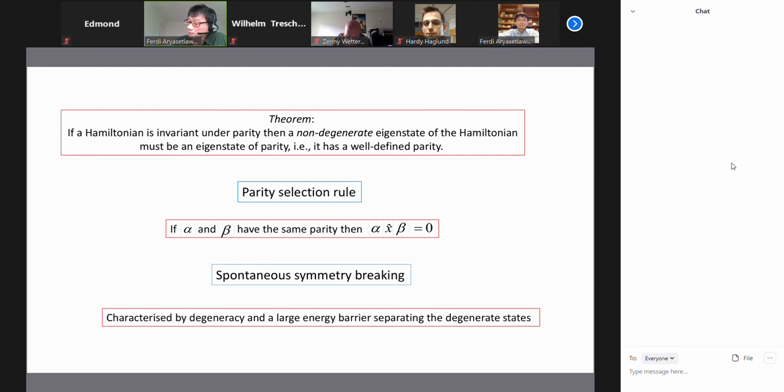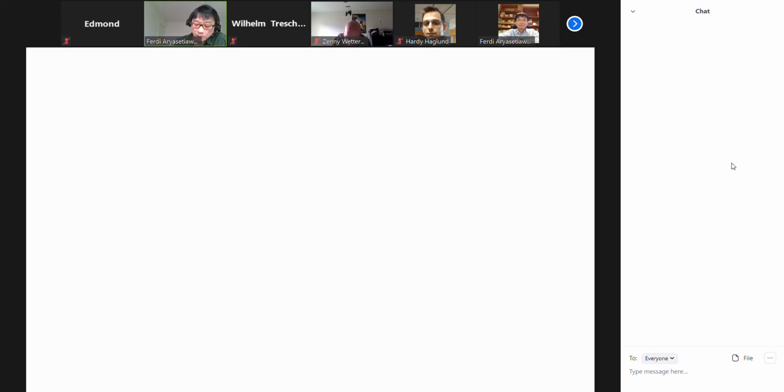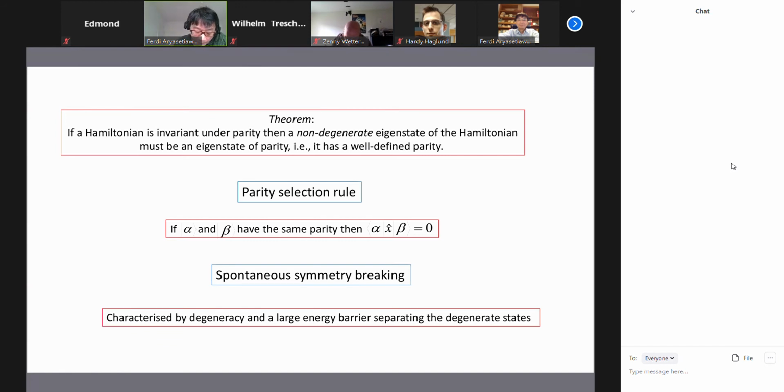The theorem says that if I have two states, alpha and beta, and they have the same parity, then the matrix element of the position operator x is 0. We can show this. I think we have it in the notes also.